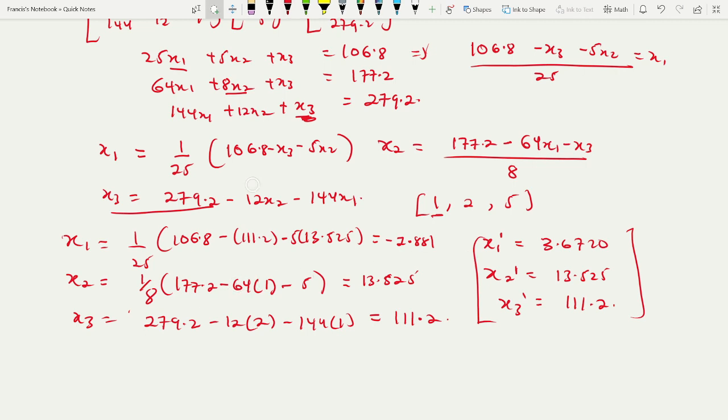For the x2, I have 177 minus 64 multiplying x1. So I just have to clean the old x1 and place the new x1. What's the old x1? That one was 1. Then the new one is open bracket 3.6720. Then we come again with minus x3, and the x3 is 111.2.